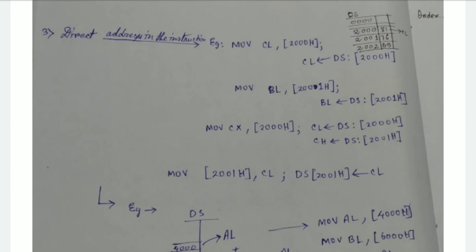Come to the fourth example, MOV [2000 hex], CL. In this assembly language, the destination comes first, then the source. That means the destination is 2000 hex and the source is CL. The address 2000 hex will get the data from the register CL.